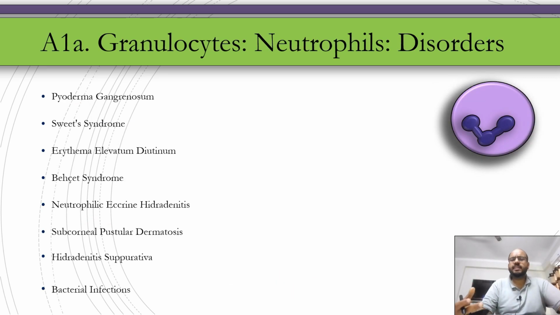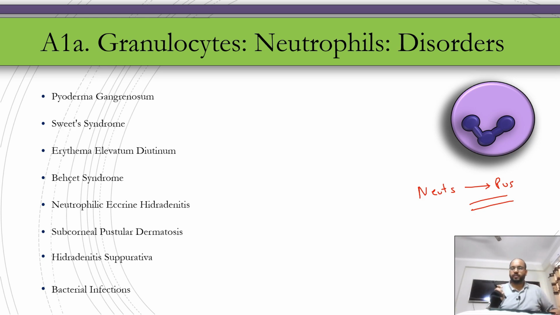Now, in the context of dermatology, various disorders require neutrophils. Just remember one thing. Wherever you have neutrophils, you will have pus. Whether sterile or infected, you will have pus. So if you're looking at purulent lesions or pustules or lakes of pus, remember something is happening with neutrophils. You can have other inflammatory cells also causing pus, but majorly it is neutrophils.